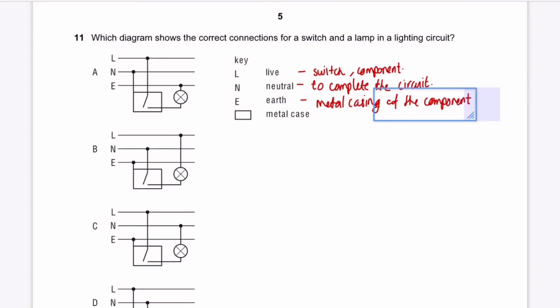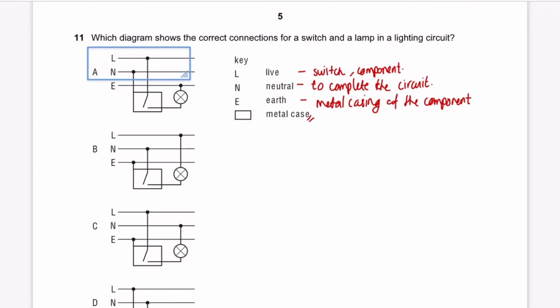This is to prevent electrocuting the user. Then metal case is just metal case. That's it. Alright, now that we have identified what the keys are used to connect with, now let's move on to option A.